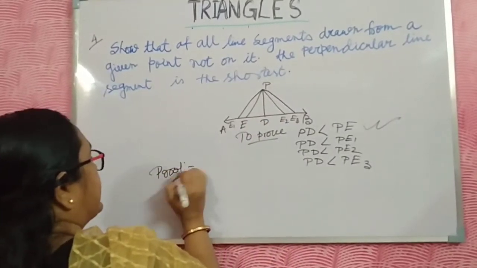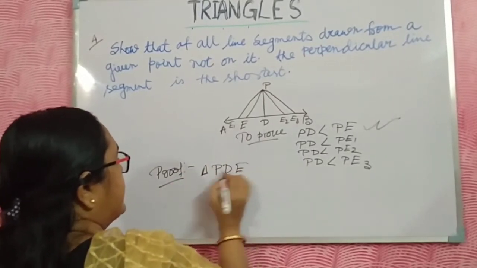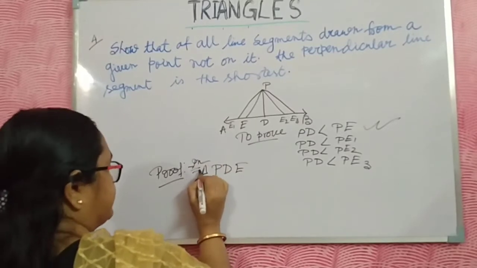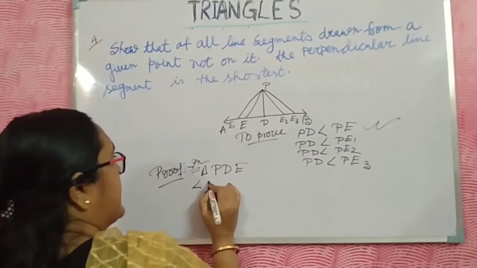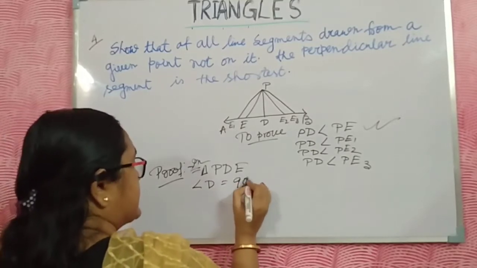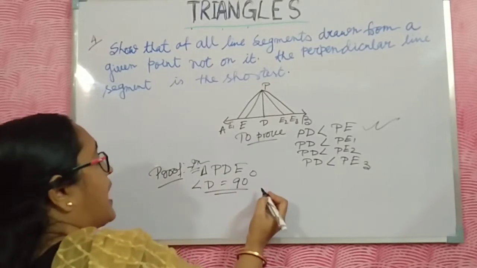We take a triangle PDE. In the triangle, angle D is 90 degrees.